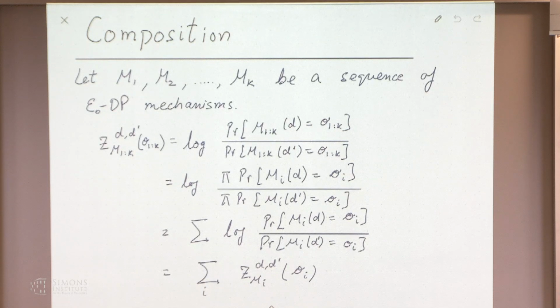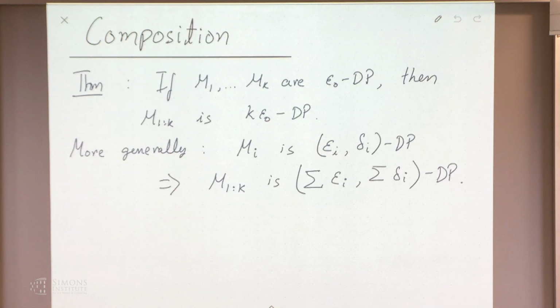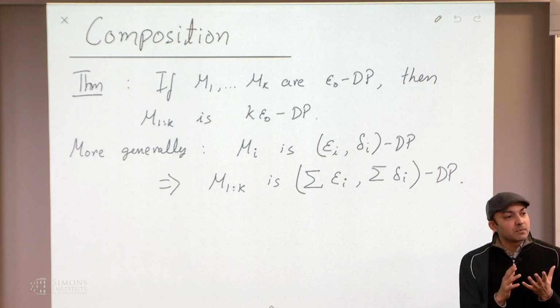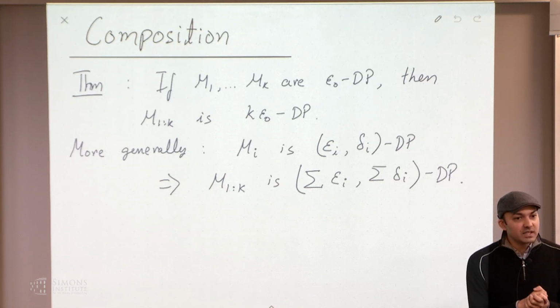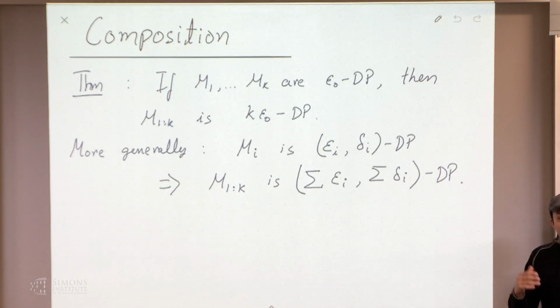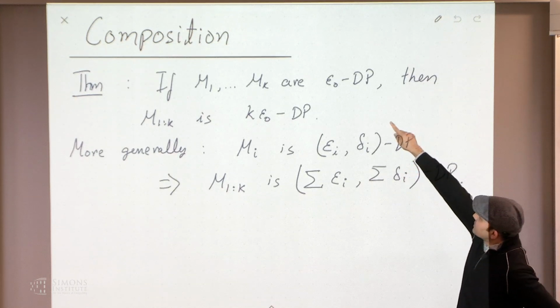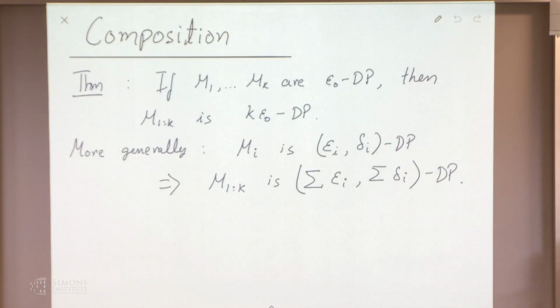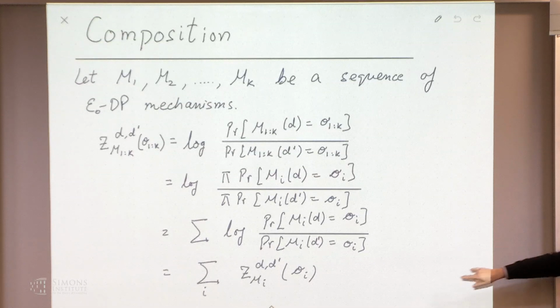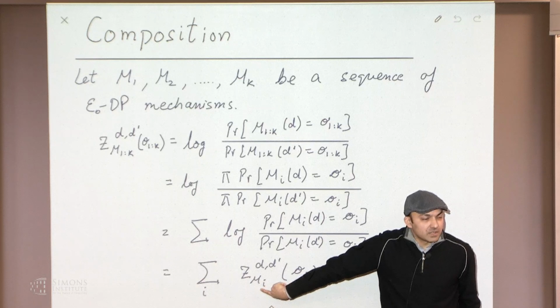Right. So at this point, we can easily prove what's called the basic composition theorem in differential privacy, which says that if you have k epsilon 0 differentially private mechanisms, their composition is k times epsilon 0 differentially private. Why? Because epsilon 0 differential privacy says that this is bounded by epsilon.